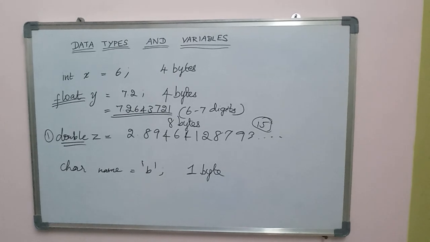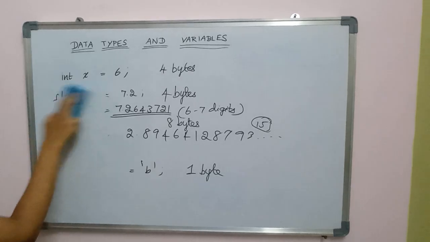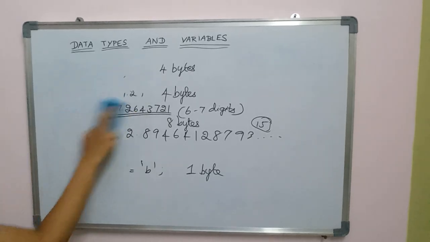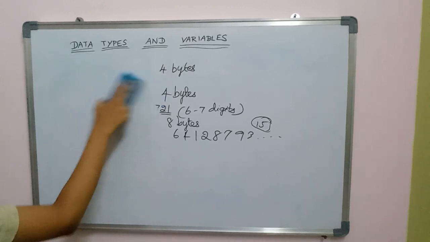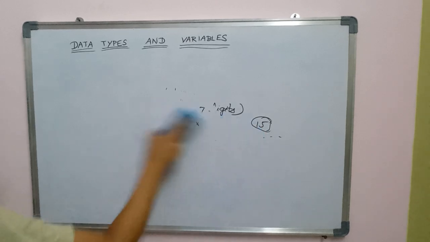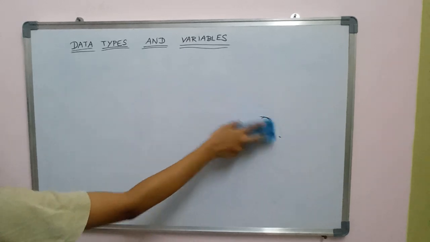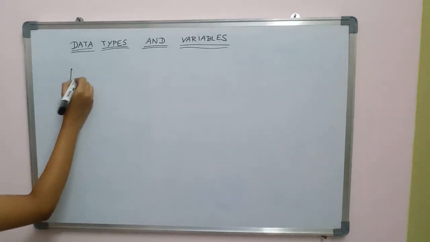What should we do if we want to store a very long number, a long integer, a long decimal, a long float, whatever, a very big value? We have one important and special thing, which is long.